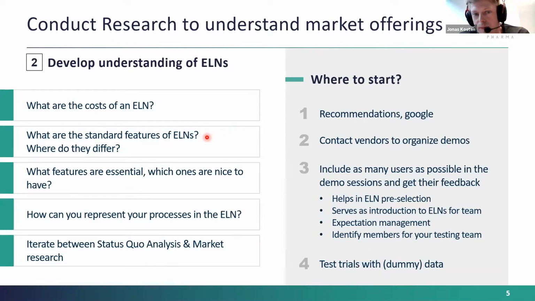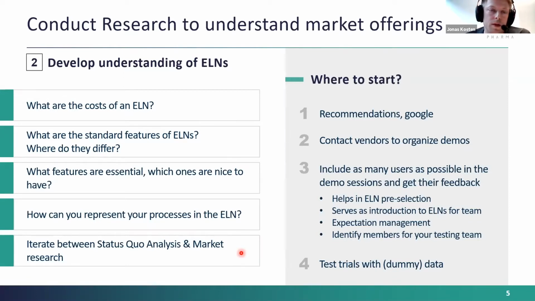What do most of them offer? Where do they differ? Then you can get a feeling about what is essential for you and which features are nice to have. So you can really start thinking about how you will represent your process inside the electronic lab notebook. And as I mentioned before, you can iterate between this market research and the status quo, the needs analysis.